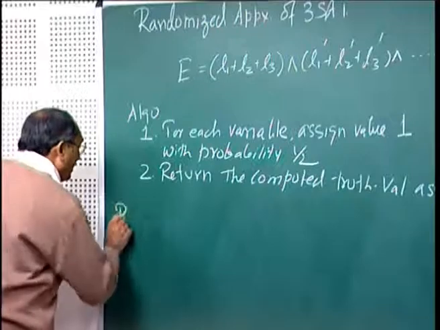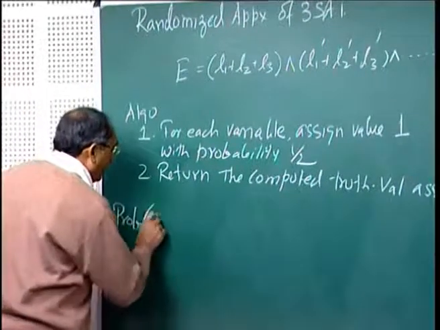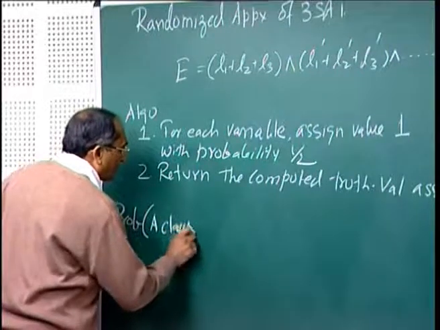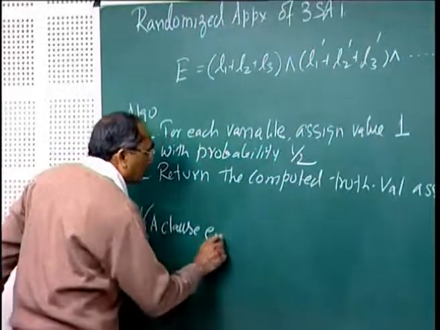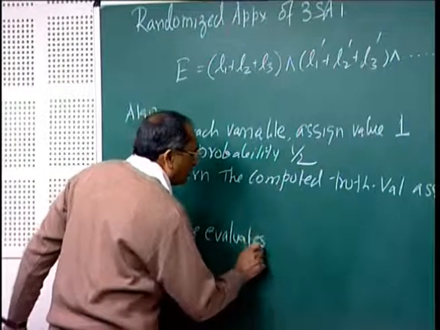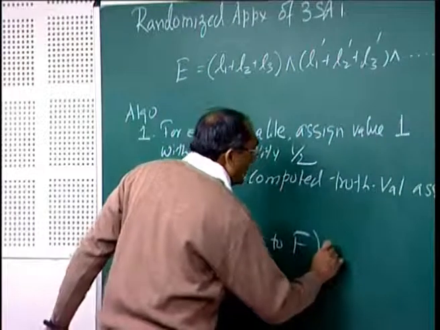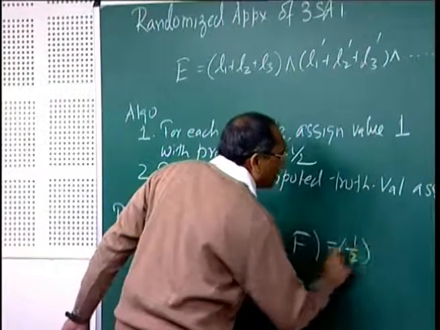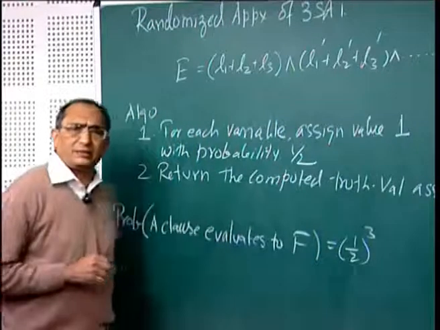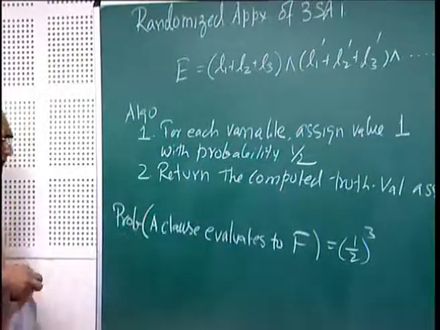So, the probability that a clause evaluates to false or 0 has to be 1/2 power 3, because every literal must evaluate to 0 for this clause to be false.